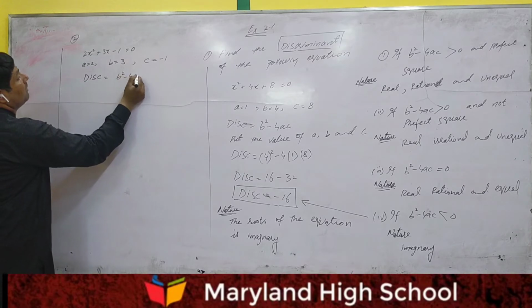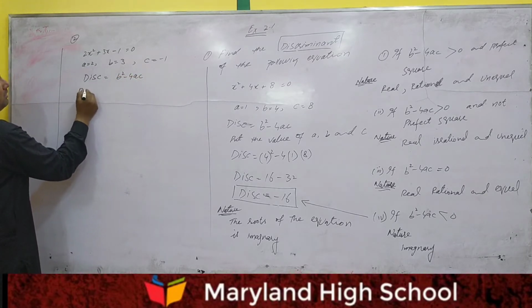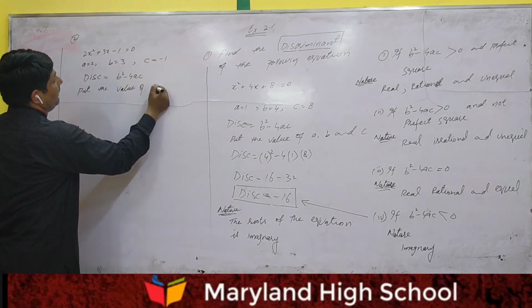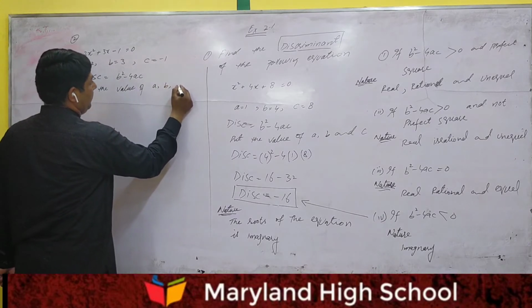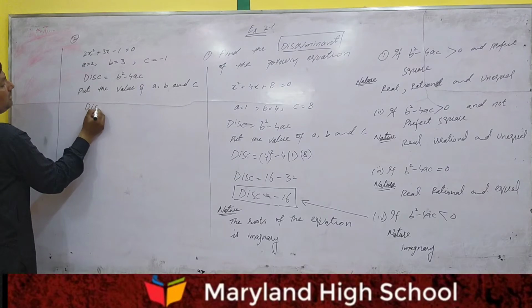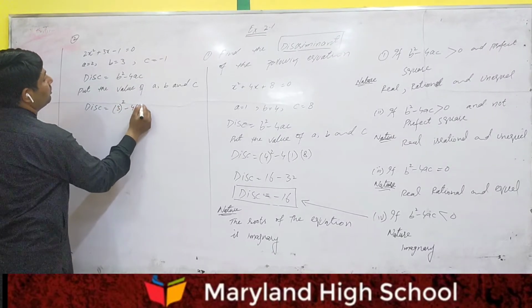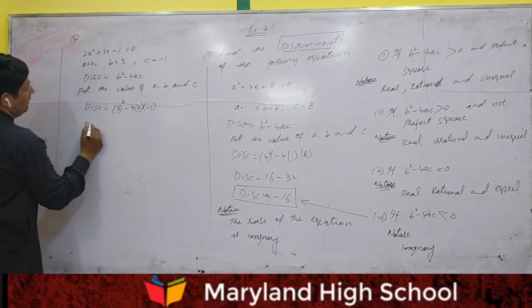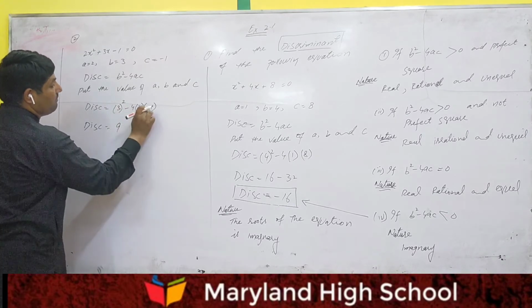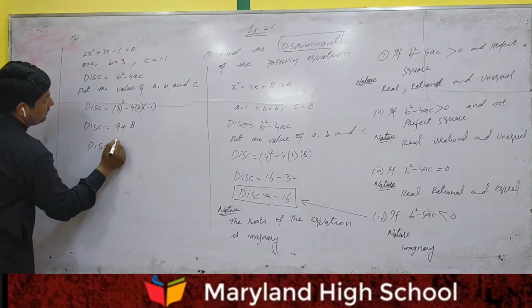This is the formula b square minus 4ac. Put the value of a, b and c. This is equal to 3 square minus 4 into 2 into minus 1. This is equal to 9 minus minus, plus 4 2s are 8. This is equal to 17.